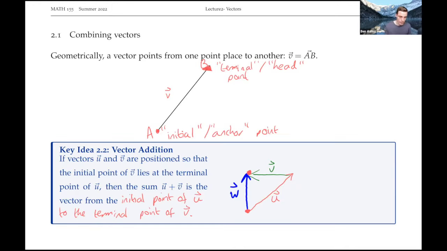So if we describe these as being separate points, so if this was point A, this is point B, and this is point C, then we can say that our vector w is equal to u plus v, which is just the vector from A to C.